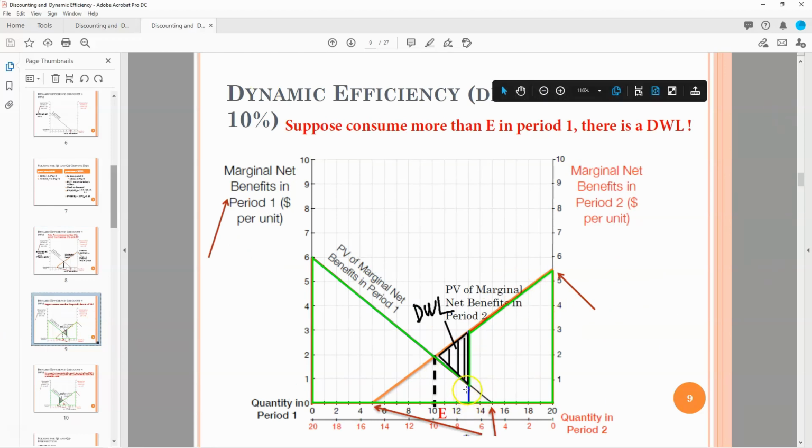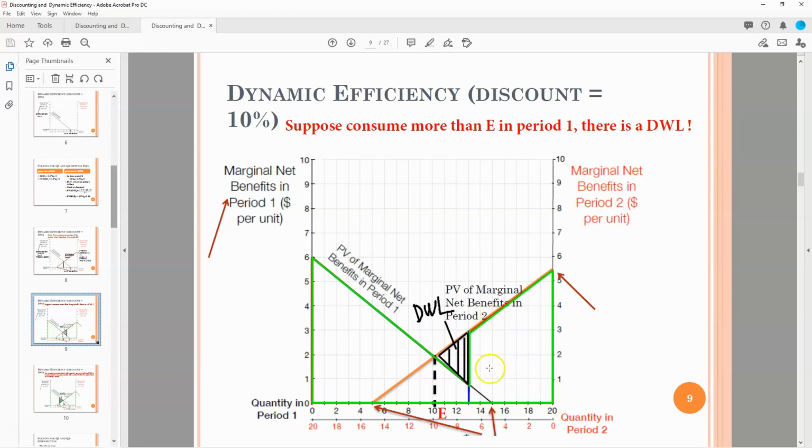So suppose we consume more in period 1. Suppose we consume 13 units in period 1. Then the total net benefit would be enclosed by the green line. Because the total net benefit from consuming 13 units in period 1 is enclosed by the green line on the left and also the blue line.